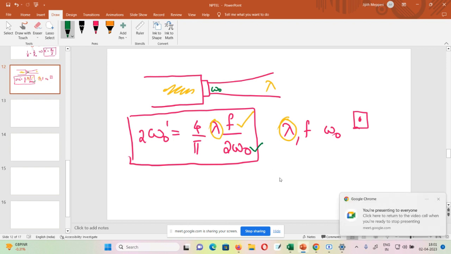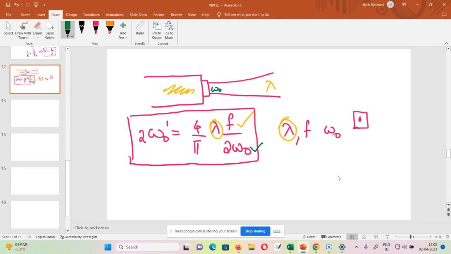So actually I have three parameters which are defined at my focal spot. One is the wavelength, one is the focal length of the lens, and another is the beam waist diameter. Now you can see that I cannot change my wavelength because it is a particular laser. You may think that you cannot change your beam waist, correct?